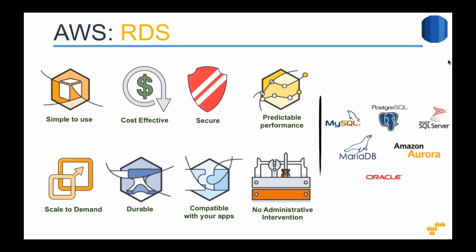And no administrative intervention. Probably I would like to say some amount of administrative intervention is required. Most of the administration is taken care of by Amazon itself. As you see, I'm getting myself familiar with these controls here. You can automate backups, and you can automate upgrades.